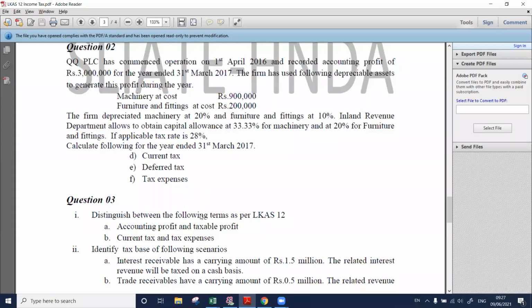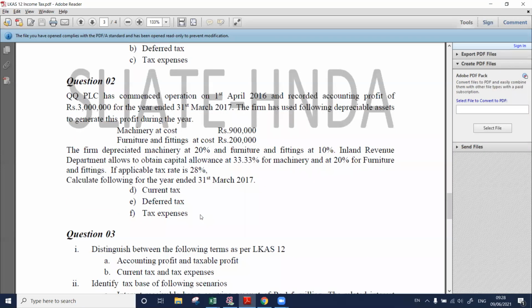See what are the informations they have given in terms of question number 2. QQ PLC has commenced operations on 1st of April 2016 and recorded accounting profit of 3 million for the year ended 31st March 2016, their first year of operation. The firm has used the following depreciable assets to generate this profit during the year. They have machineries and furniture and fittings. The cost figures are given.